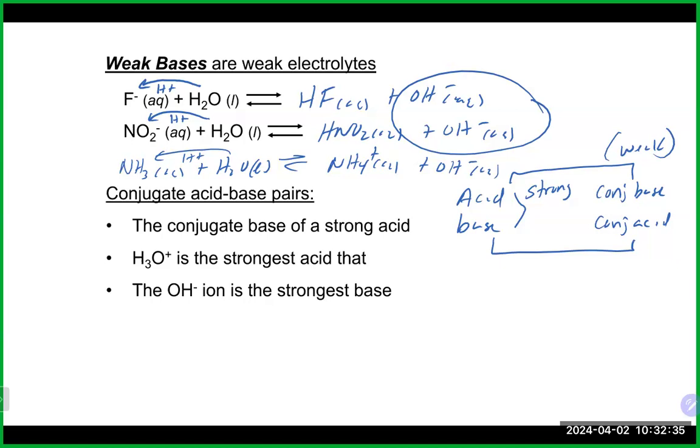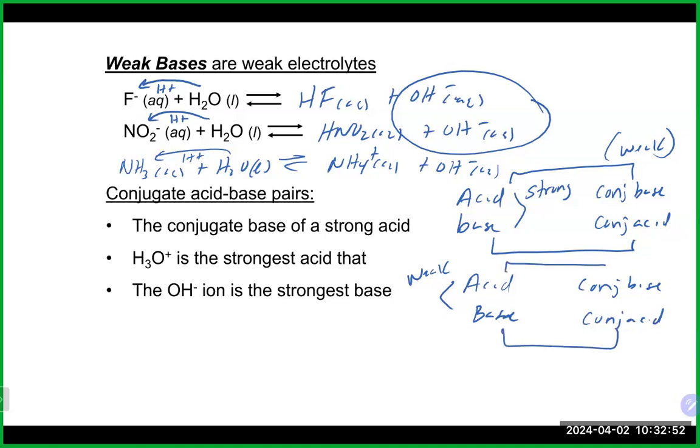Now, if we have an acid or a base that is weak, its conjugate base, or its conjugate acid in this case, obviously still connected to each other, will be considered relatively strong.